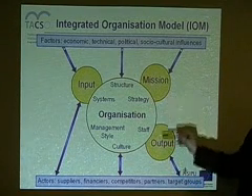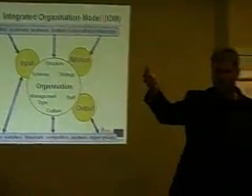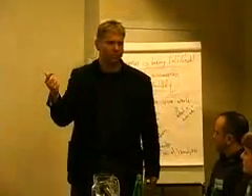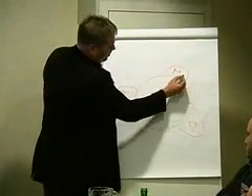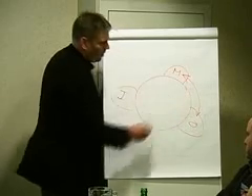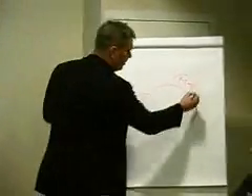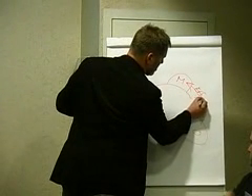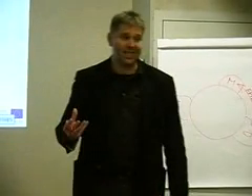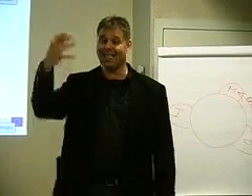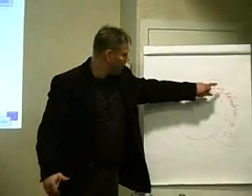How do we call this? Checking whether you deliver what you actually wanted to do. Input, output, mission. How do we call it? Effectiveness. You're actually finding out whether the organization is effective, whether the organization is delivering what it intends to deliver.